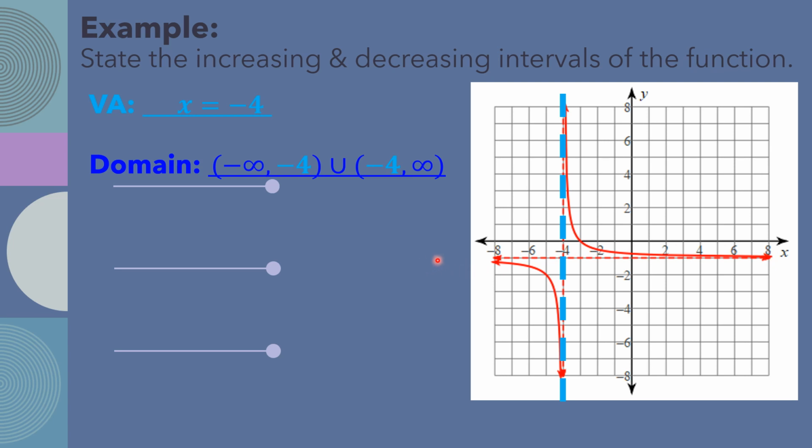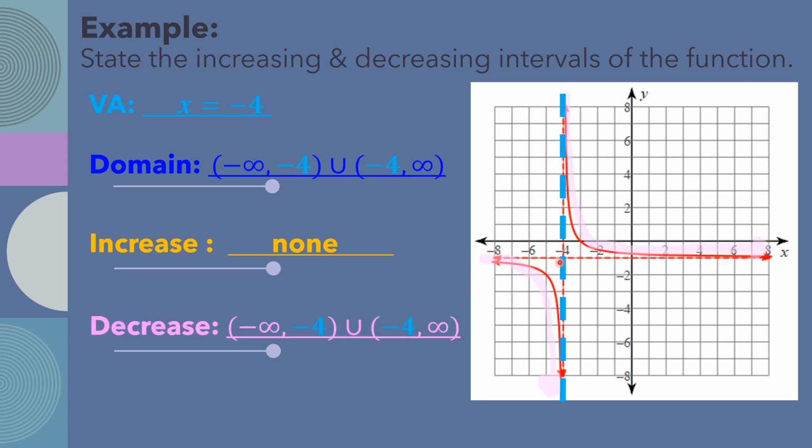As I go from -infinity to -4, it's not increasing. As I go from -4 to infinity, it's not increasing again. So there are no sections of increase for this function. However, the sections of decrease are from -infinity to -4, and again from -4 to positive infinity. So basically that domain is used in order to state the interval of increase or decrease.